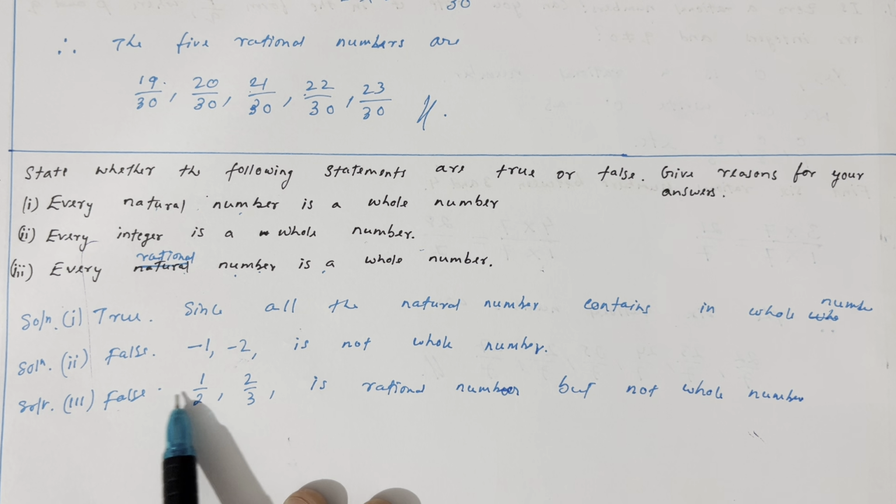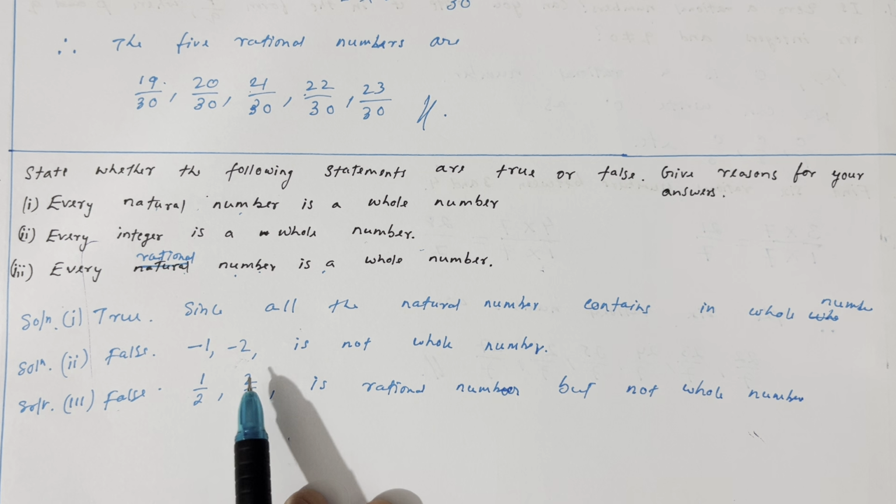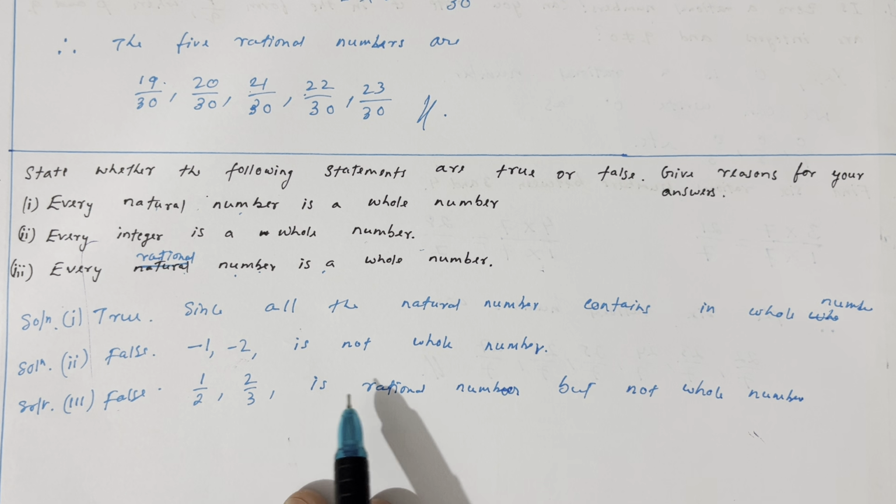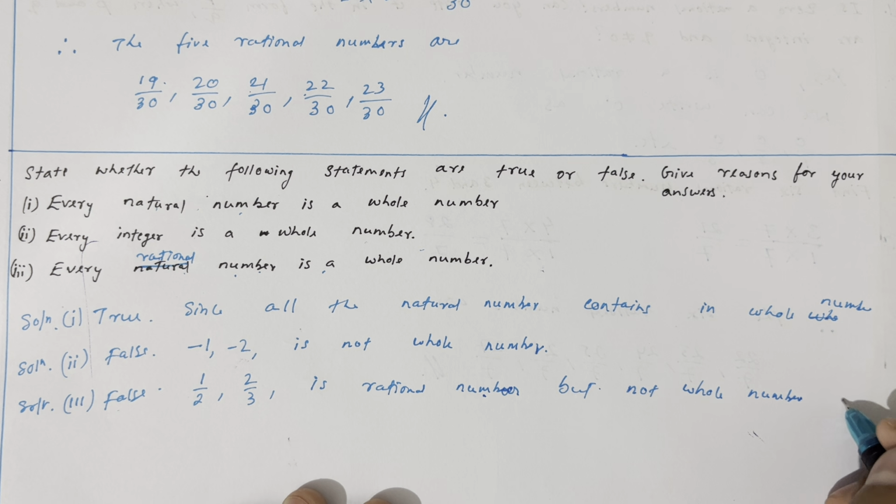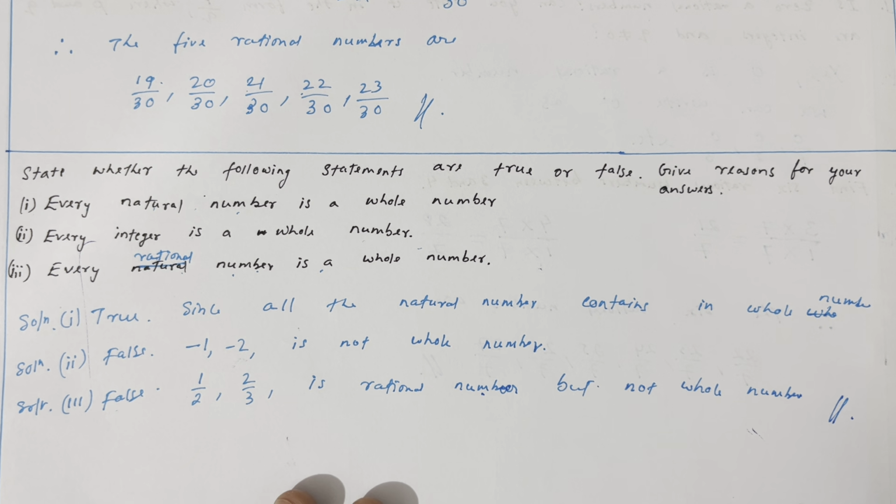So for example, 1 by 2, 2 by 3, and so on and so forth are rational numbers, but not whole numbers. Okay, so this is the answer till here.